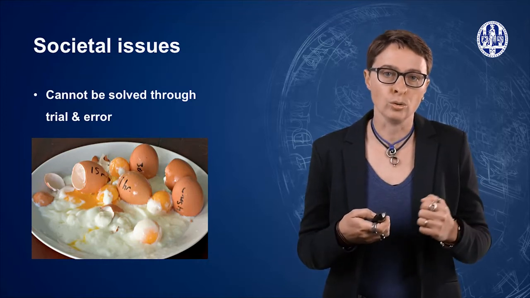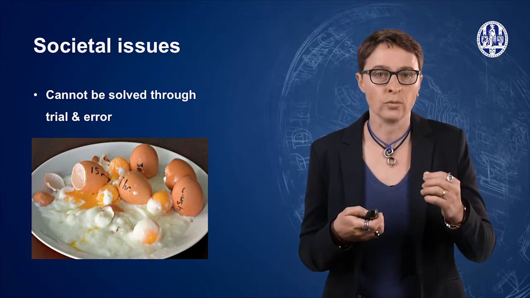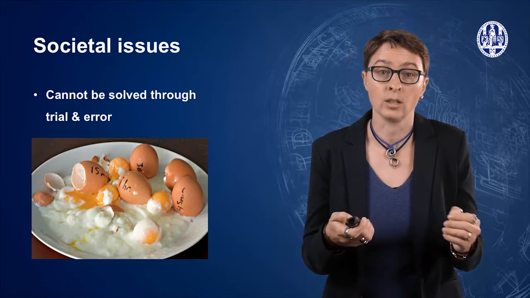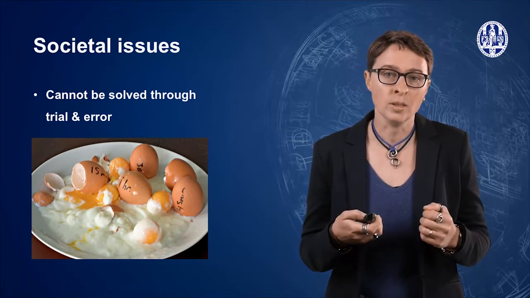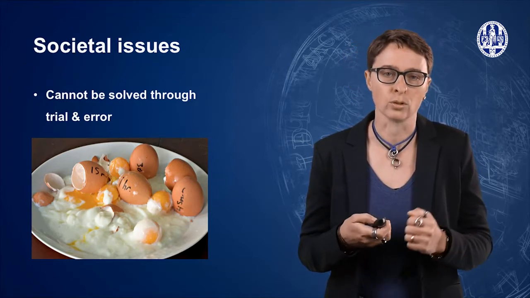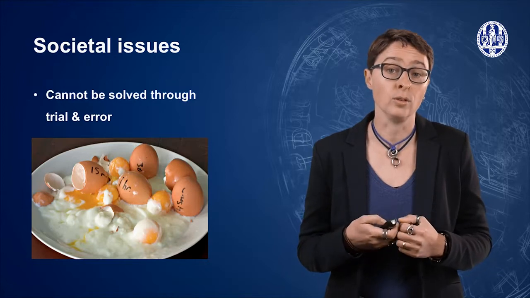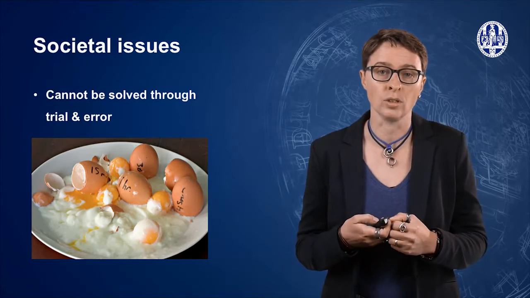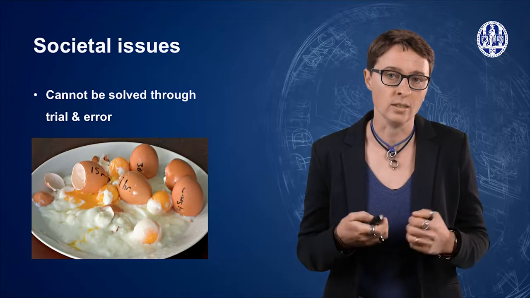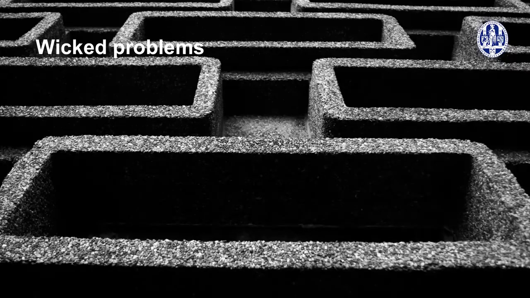When you choose a solution for a societal challenge, this affects the lives of many people and it costs a lot of money. This means you have to choose well right the first time. In light of the previous characteristics of societal issues, however, this is no easy feat indeed. Because of these 5 characteristics of societal issues, they can be labeled as wicked problems.